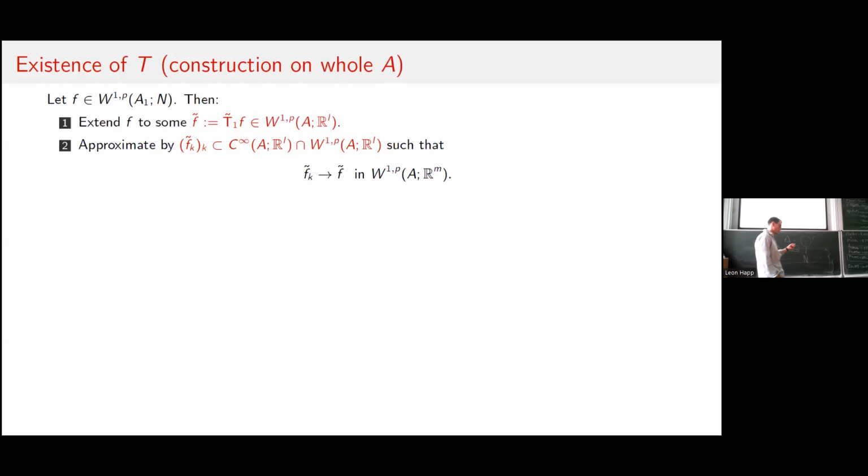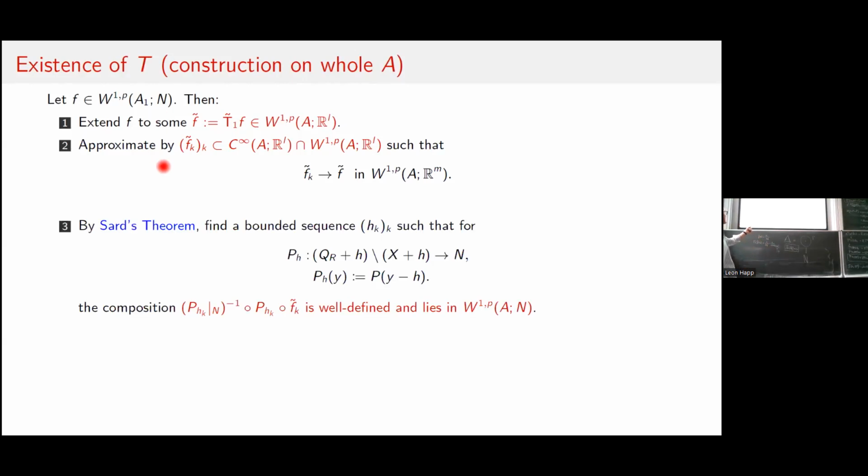What we want to use is Sard's theorem, but this does only apply for sufficiently smooth functions. So what we use, we approximate this f tilde by smooth functions f_k in C infinity, which strongly converge in W^{1,p}. And then we can apply Sard's theorem. The way we do it is the following.